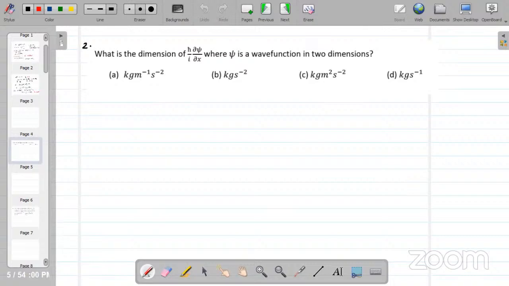So they have given an operator, h cross by i, dou psi by dou x, where psi is a wave function in 2 dimensions. So can somebody suggest how to proceed? Okay, let me ask the first simple question. Does psi have a dimension? Yes, sir.